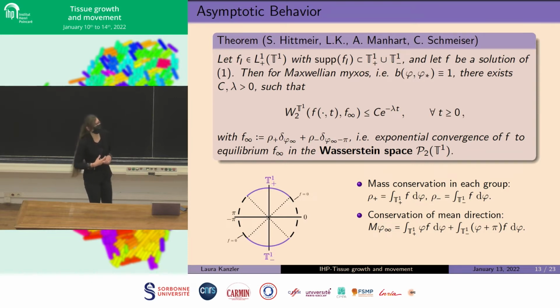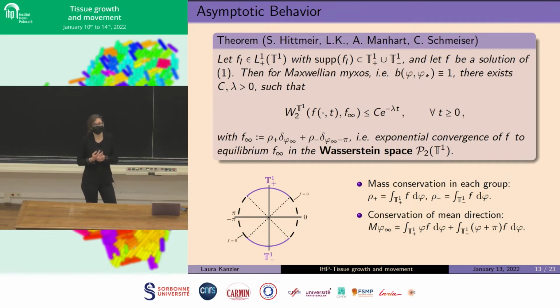So we have to assume initially that we already have two groups of bacteria and no angles in between. This assumption is necessary, because under it we can determine the equilibrium explicitly, since otherwise we would lack a third conserved quantity.